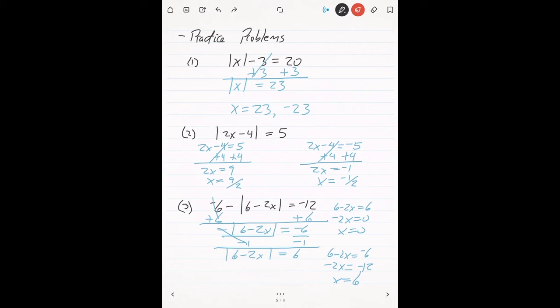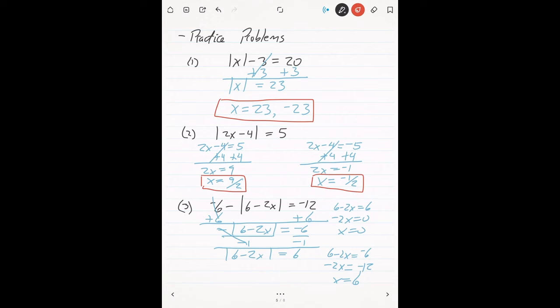I added 4 to both sides. In the one I got 9, the other I got negative 1. And when we divide by 2, we get x is equal to 9 halves, and x is equal to negative 1 half. Again, we see that we have two possible solutions here for x. And if you plug them in, they'll both work.